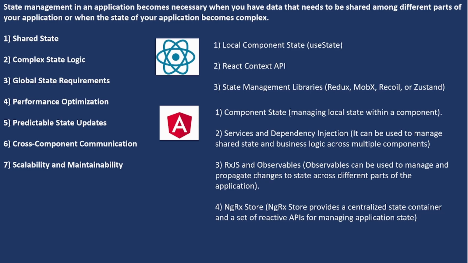Next is predictable state updates. What does predictable state updates mean? The state management solution often provides patterns and mechanisms for managing state updates in a predictable and controlled manner. This predictability can help maintain clear data flow and make it easier to reason about how state changes affect your application behavior.